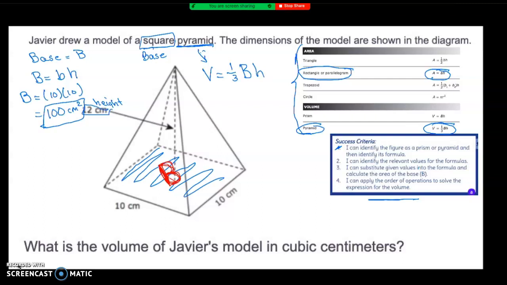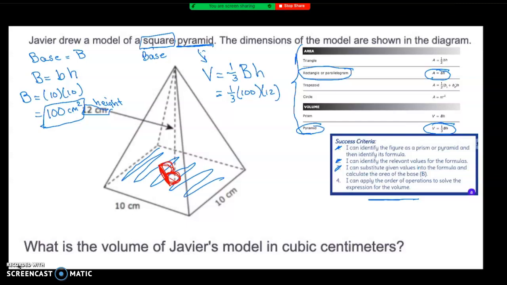So now I'm going to substitute. Okay, number 2, I've identified. Now I've got to substitute those values back into the formula. So then I've got 1/3 times 100 times height, which is 12.